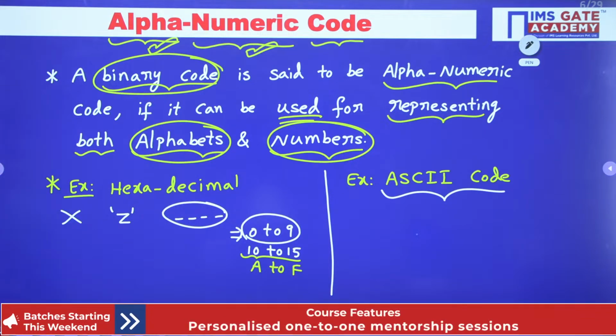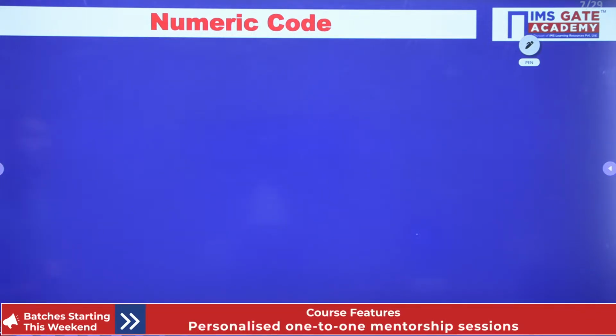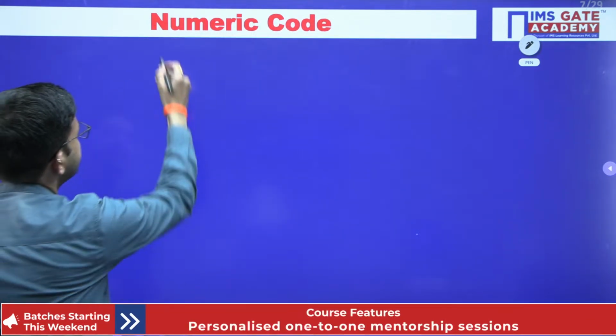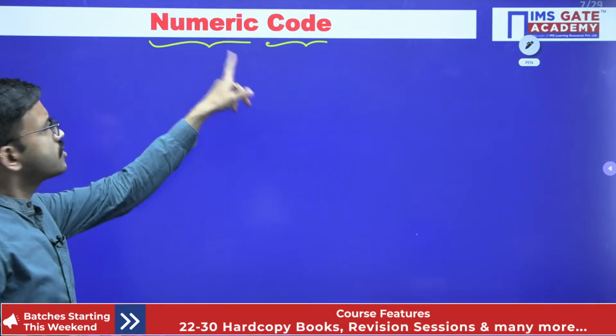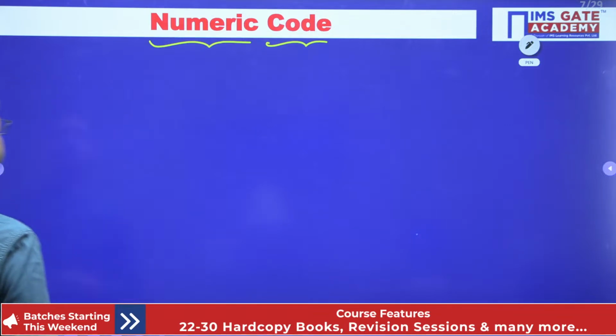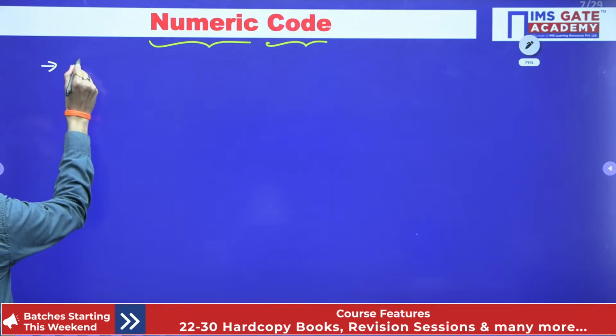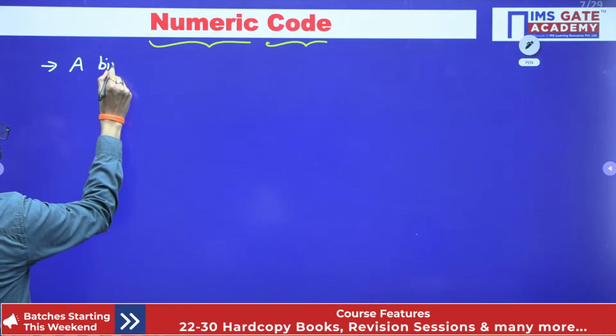Now the next code is numeric code. As the name implies, we are using a binary code for representing only numbers.